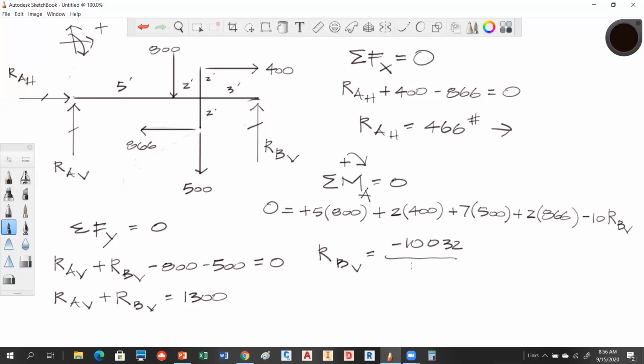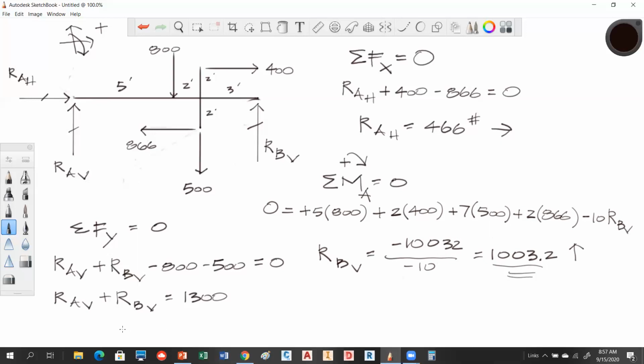And I'm going to divide that by a negative 10. So negative divided by negative gives you a positive. So that tells me that this is going to carry 1,003.2 if you want to. You could probably just drop the point. And that positive indicates up because we initially said it was up.